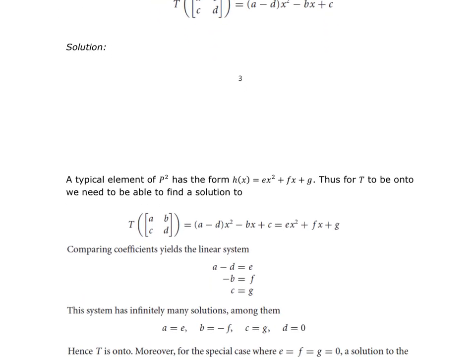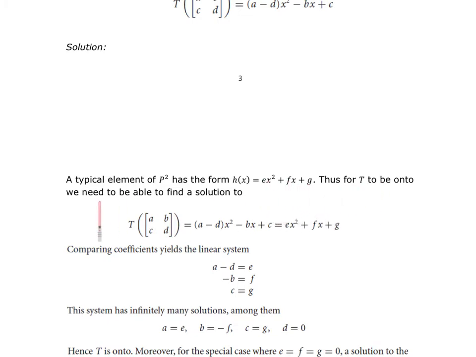The first thing we're going to do is say, well, the typical element in P2, polynomials of degree 2 or less, usually is ax squared plus bx plus c, but we've already got a, b, c, and d used up here, so we start out with the next letter, which is e: ex squared plus fx plus g.